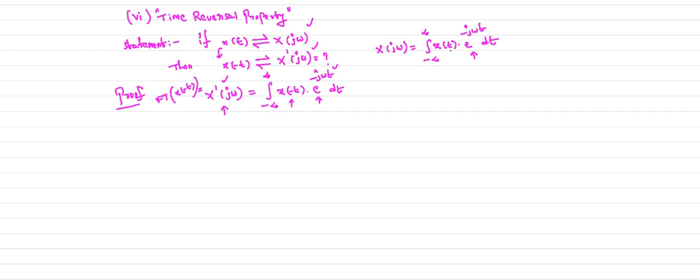If you take x of minus t, no need to change the t here, because it belongs to e power minus j omega t. No need to change this t to minus t. Here this is the signal; e power minus j omega t is the factor given in the formula.